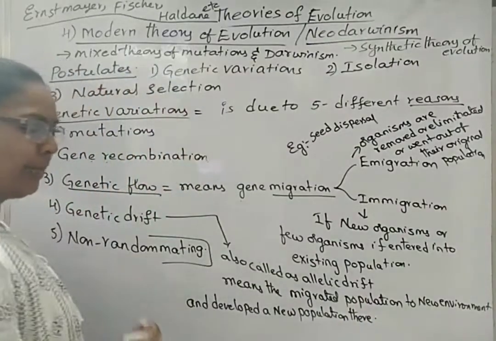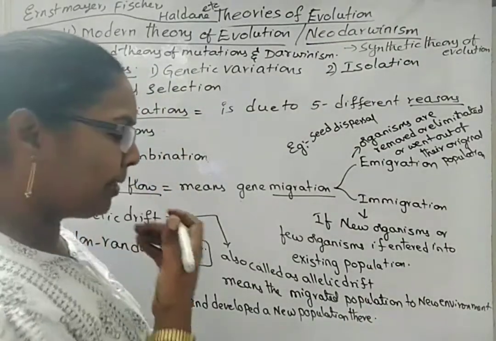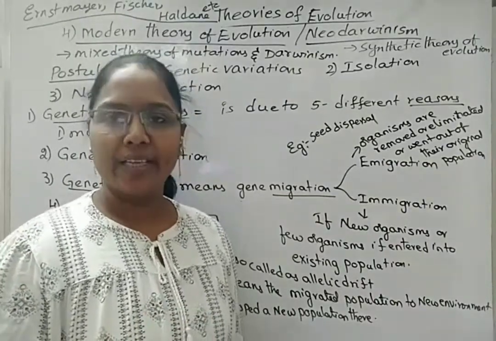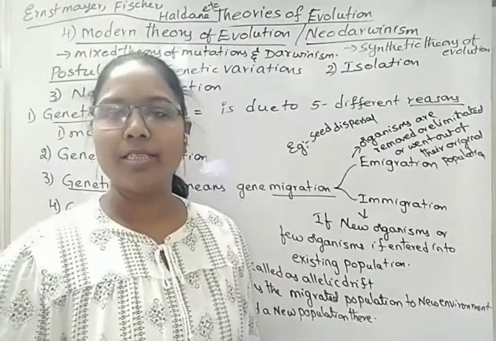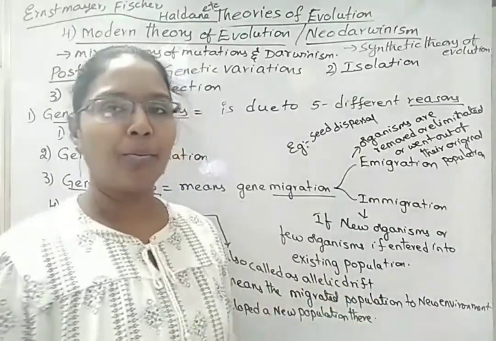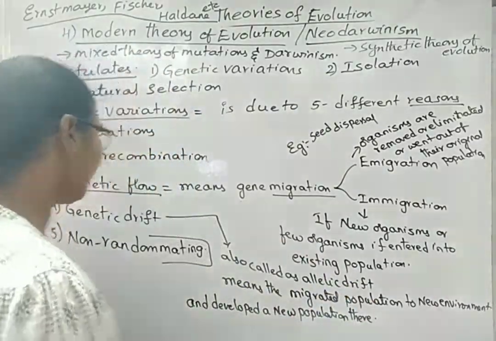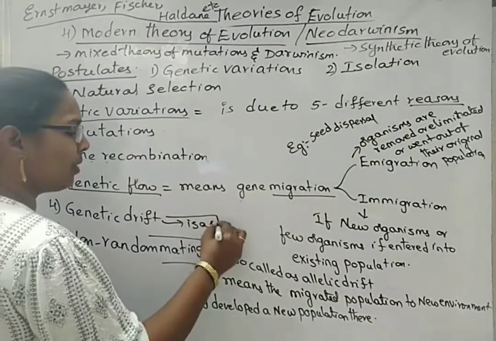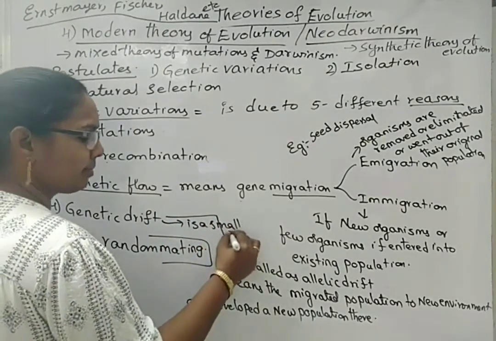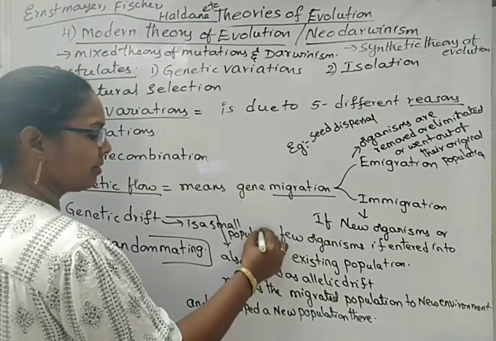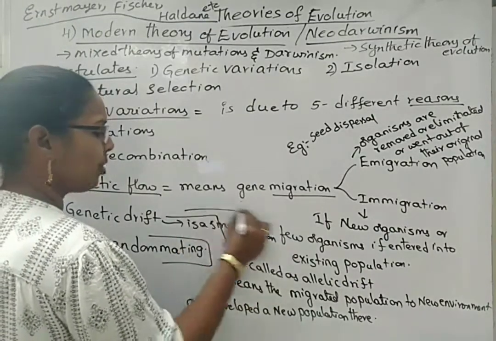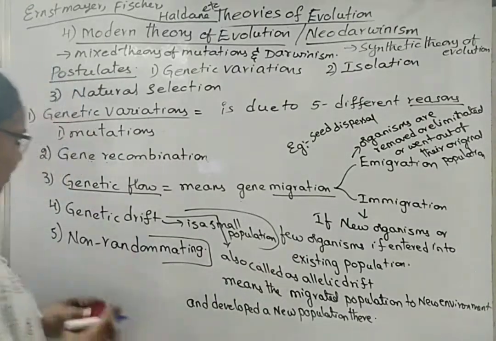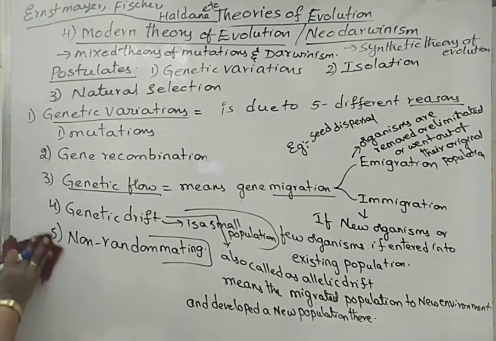Because of the climatic conditions or the food habits or the environmental changes, there might be some small variations in the alleles of the genes in that migrated population or in that genetic drift. Basically, genetic drift is a small population. We will write about non-random mating later.